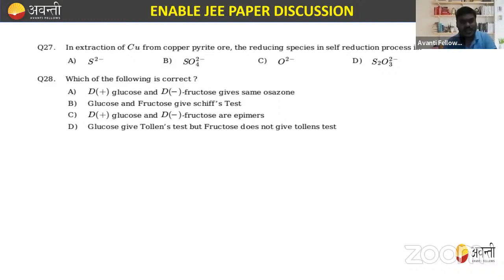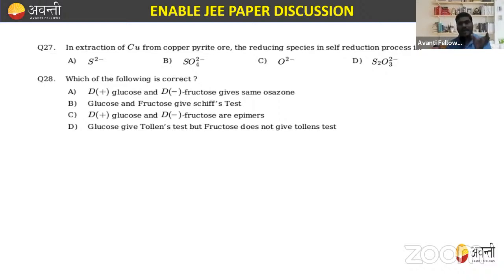Let's see the solution. Try to read the question two times, so that you can find what they actually asked and how to solve such questions. In this question, they ask about extraction of copper from copper pyrite ore.